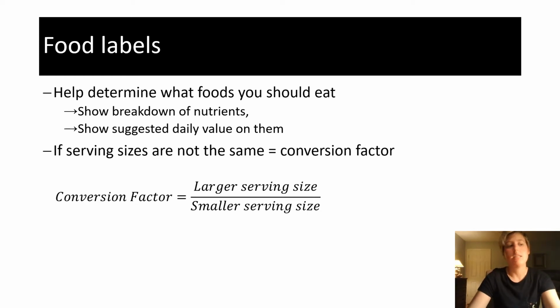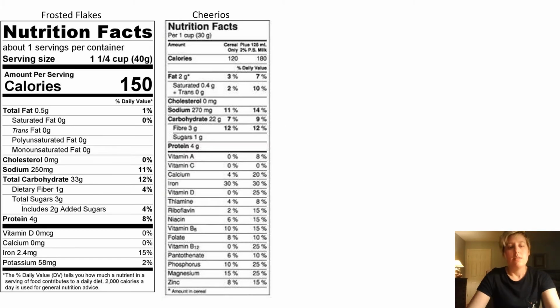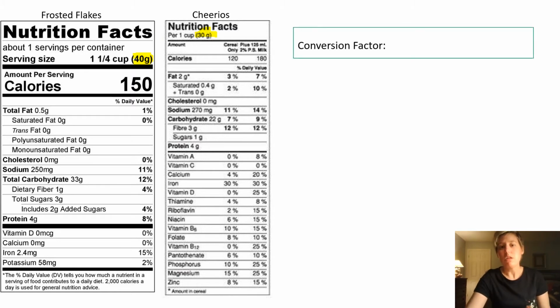So we're actually going to do an example, and we're going to compare two different types of cereals. We're going to be comparing Frosted Flakes and Cheerios. If we're looking at this right here, the first thing that you notice is your serving sizes. The serving size of Frosted Flakes is 40 grams. The serving size of Cheerios is 30 grams. So we can't actually compare the numbers on a one-to-one basis. We need to calculate our conversion factor.